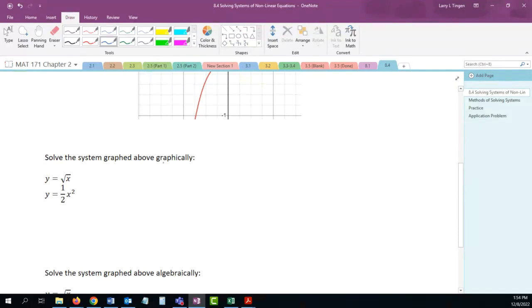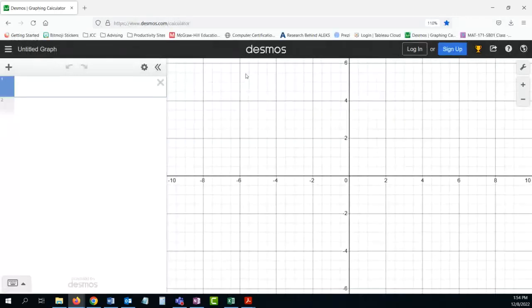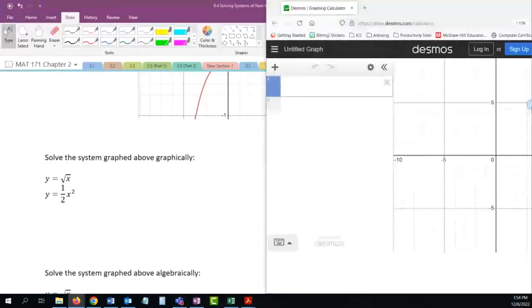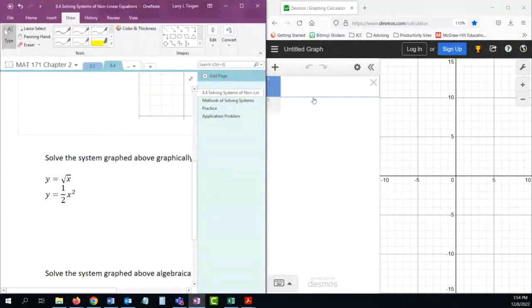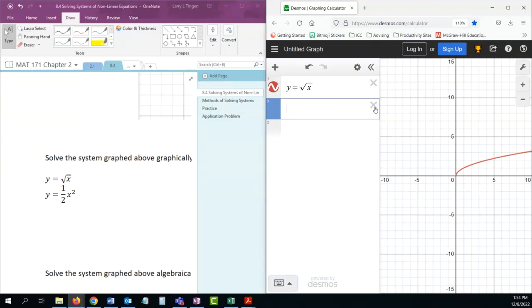So if I want to solve this system graphically, I'm going to do it the exact same way. I will take y is equal to the square root of x, and y is equal to 1/2 x squared.